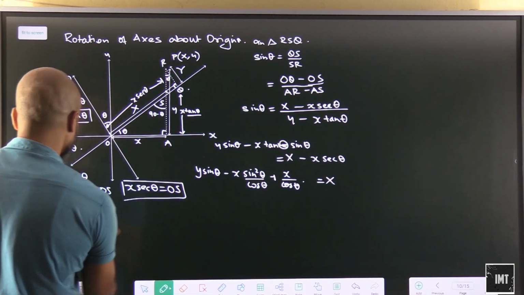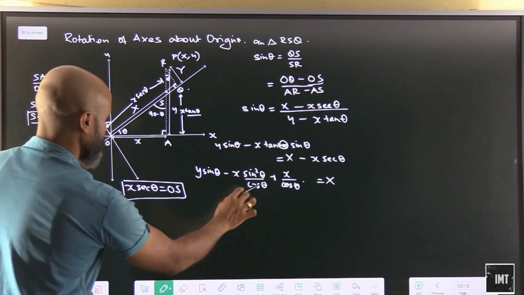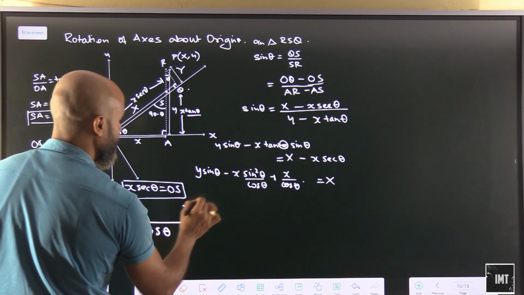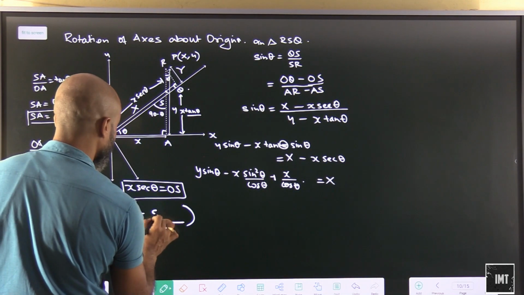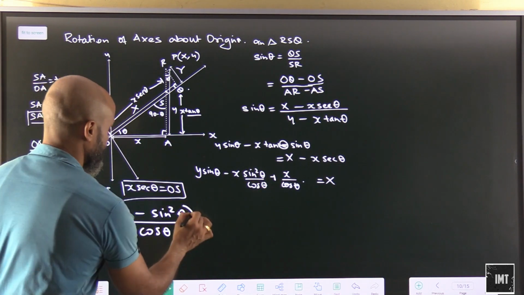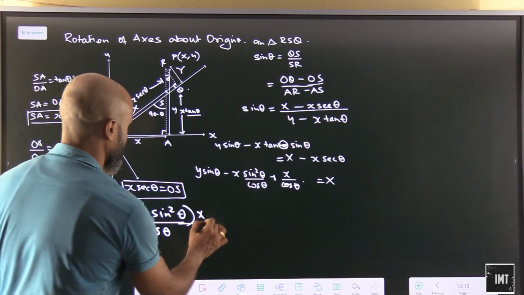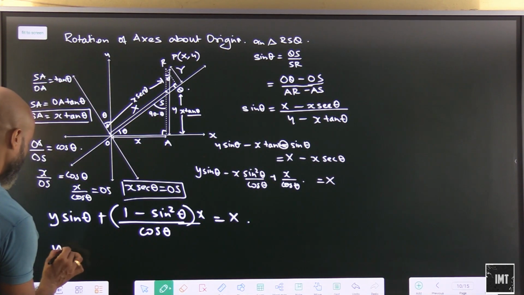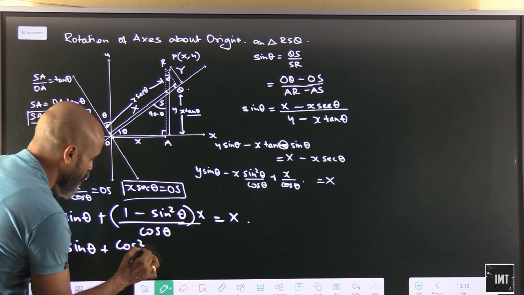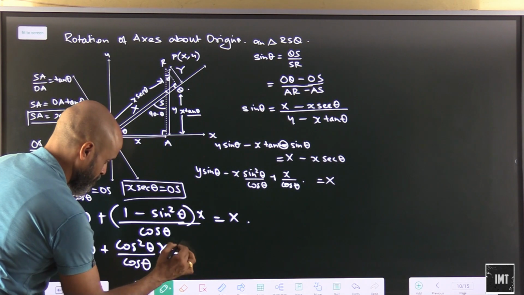This is going to be y sine theta minus, if we take cos theta here, it will be 1 minus sine square theta. So if I do a plus here, x is taken out as common. So this is going to be minus x sine square theta plus x upon cos theta, equal to X. So y sine theta plus 1 minus sine square theta, which is cos square theta upon cos theta, into x is equal to capital X.